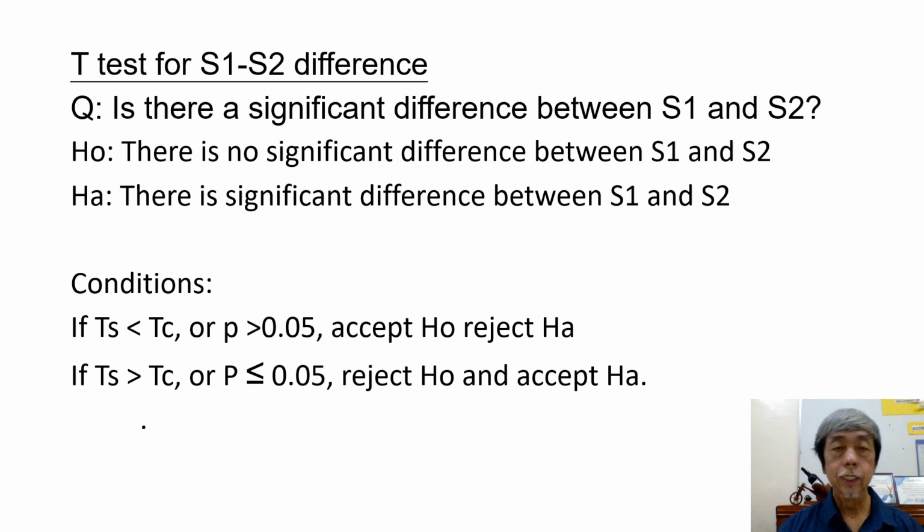So we can t-test the S1, S2 difference. And just the same, we have the question, the null hypothesis, the alternative hypothesis, and the condition to accept or reject the null hypothesis or the alternative hypothesis.